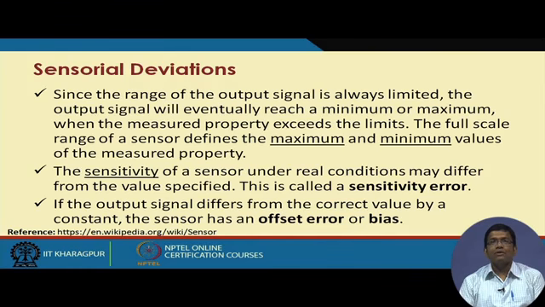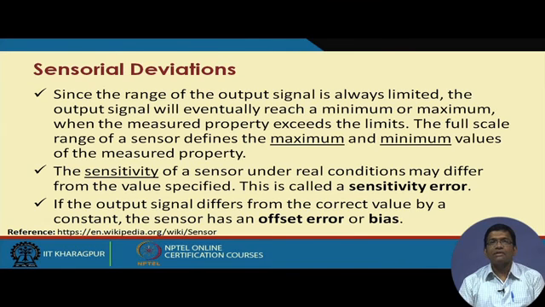So, for example, 2 units of offset might be given by a temperature sensor at all times. That is different from the sensitivity error that I told you. Sensitivity error is more about being sensitive to the changes under real conditions, basically how sensitive it is compared to what is specified in its actual specifications.